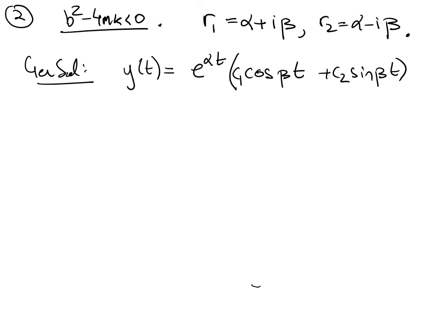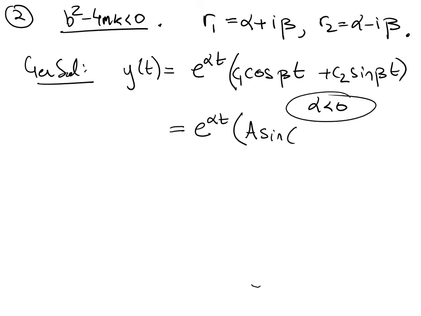And one thing you can see from the quadratic formula is that this alpha is going to be negative, right? Because remember, alpha is the real part of the root, which is minus b over 2m, and b is positive, so alpha is negative. And so what does this type of function look like? Well, by what we did on the previous slide, it's just e to the alpha t times some sine of phi plus beta t, because a linear combination of sine and cosine is just an offset and a scaling of a sine.